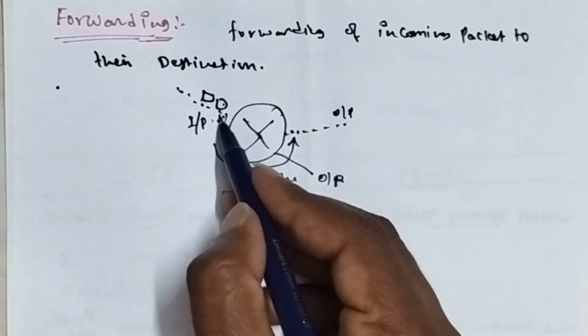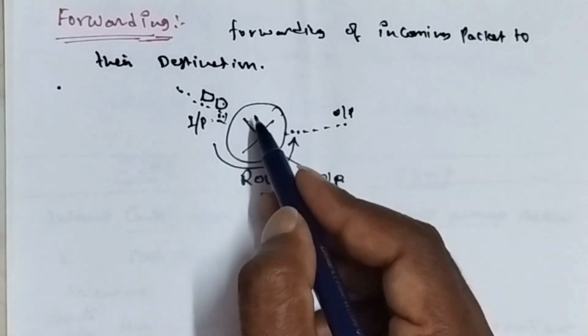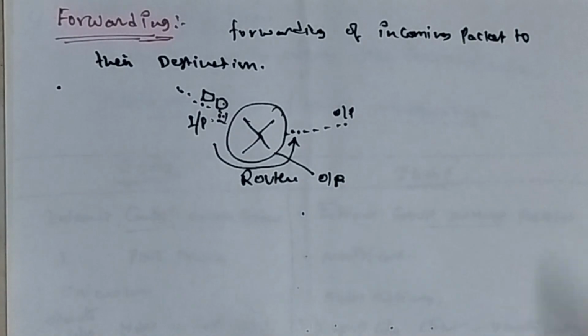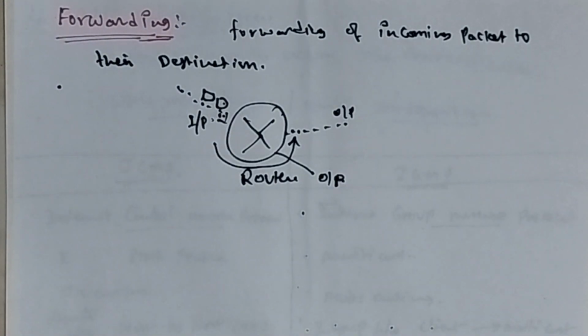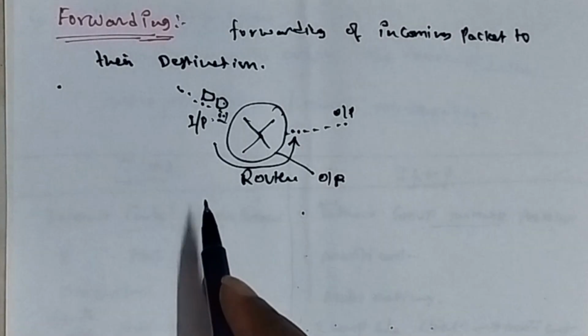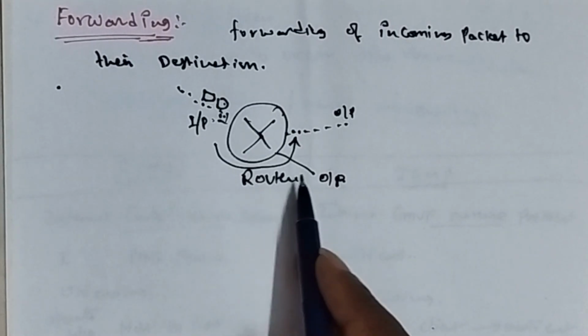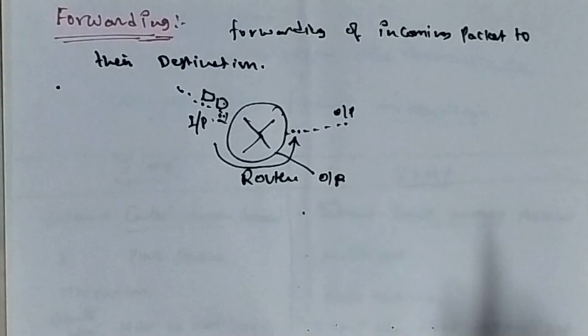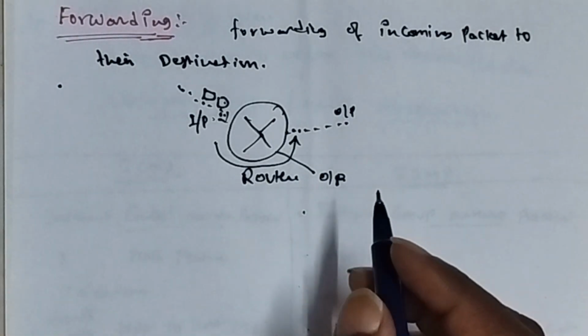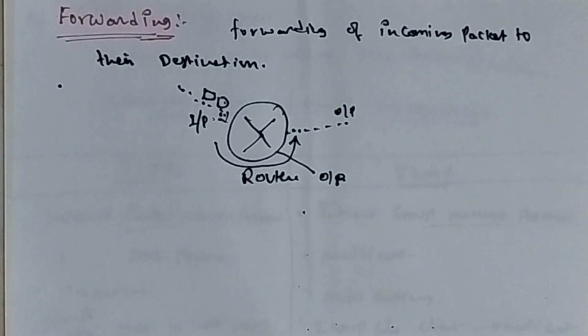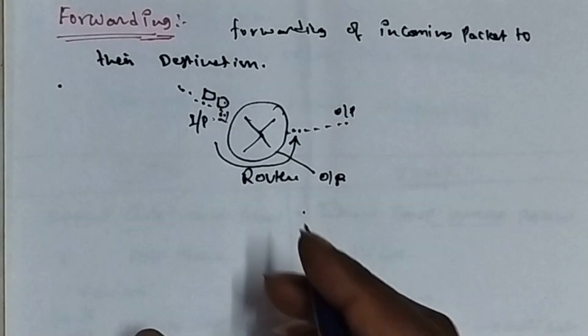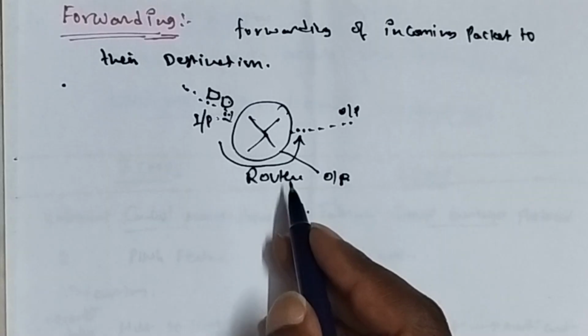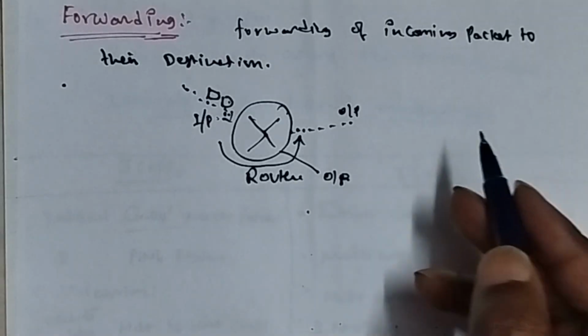The same data will be forwarded to another router. Okay, clear. For example, here the data arrives at the host, router one must forward it to the next router or next path.